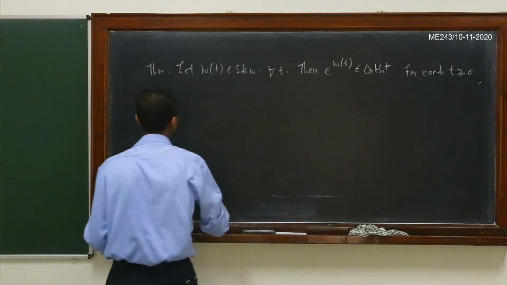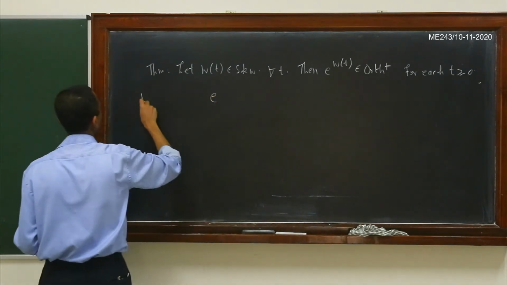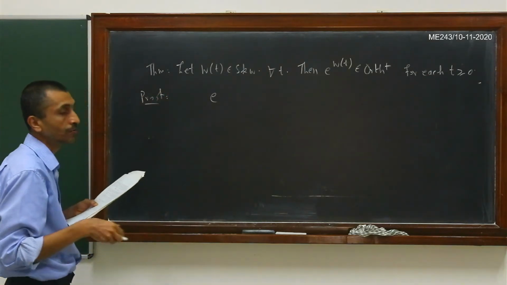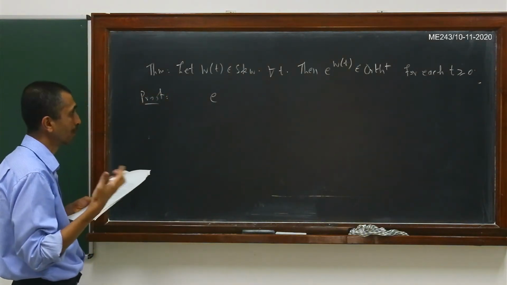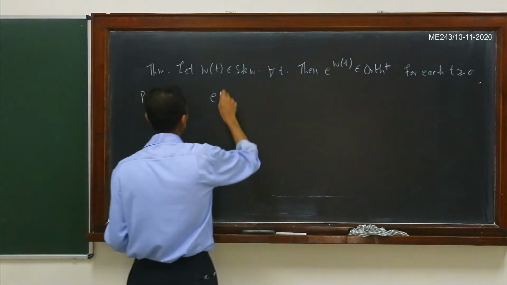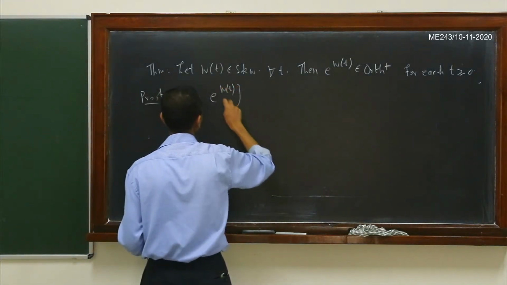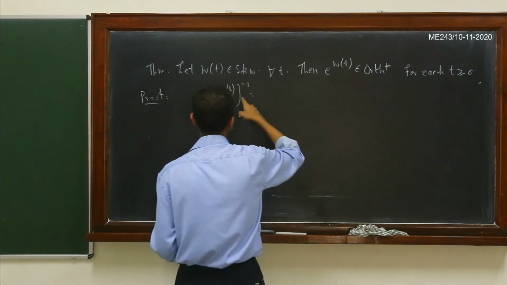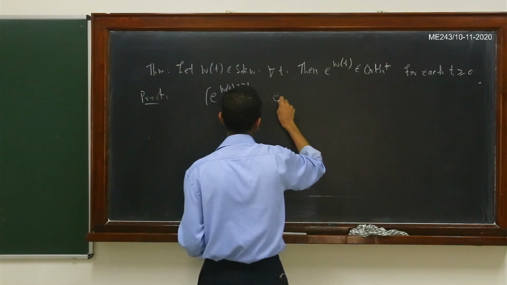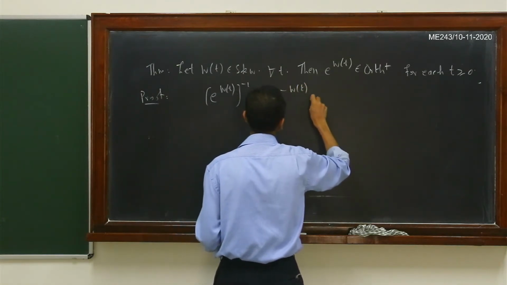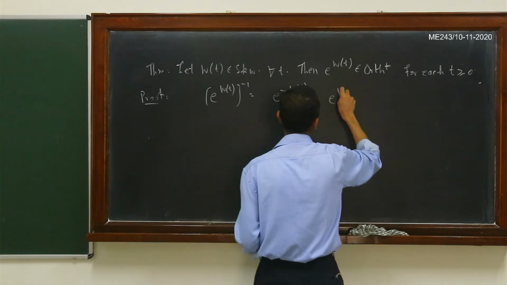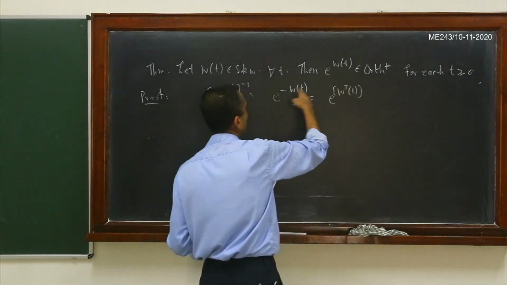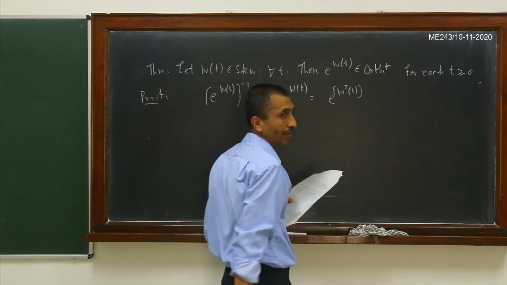Okay. So proof of this. We want to show that the transpose is equal to the inverse, correct? That's what we want to show because it's an orthogonal tensor. So first let us find the inverse. By the previous result, we can write that e to the w inverse is e to the minus w of t, and this is equal to e to the w transpose of t, because the transpose will be minus w since it's a skew symmetric tensor.